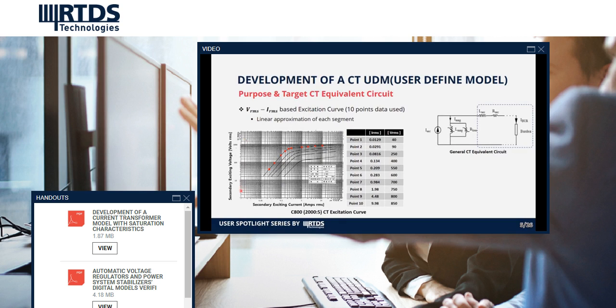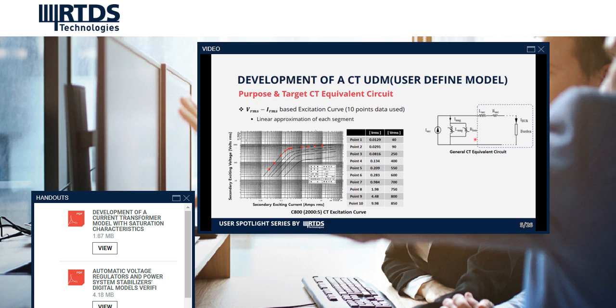The following figure shows the relationship between the exciting voltage and exciting current measured by the CT manufacturer in an open circuit test for a C800 CT. This data is the exciting current for the sinusoidal input voltage, and it includes core loss, secondary winding resistance and leakage reactance.